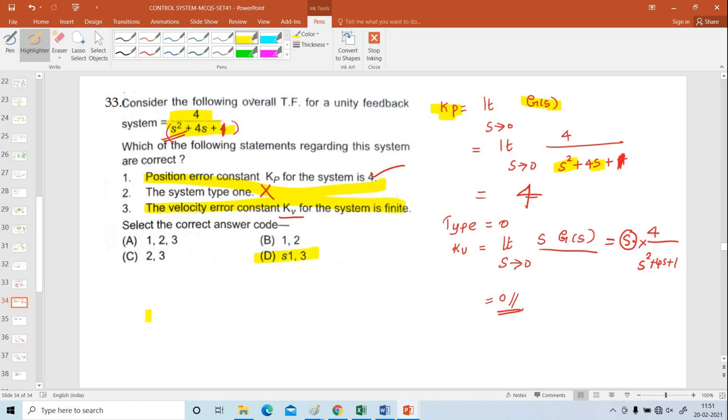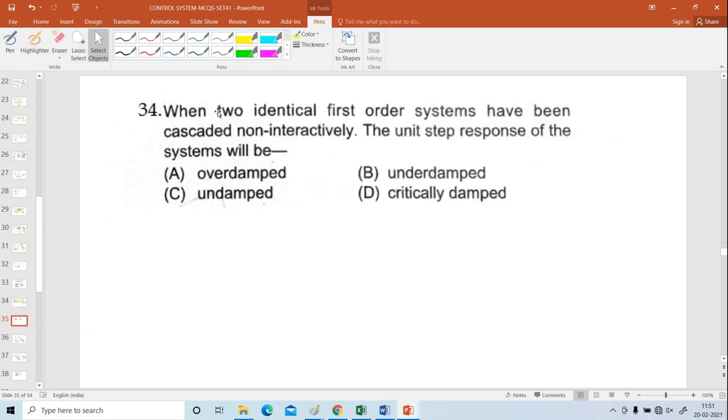So option D is the correct answer. Next, when two identical first order systems have been cascaded non-interactively, the unit step response of the system will be critically damped. That is the correct answer.